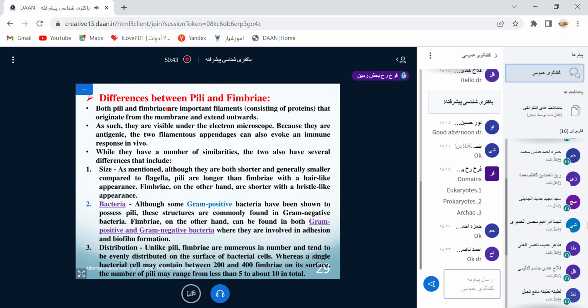Differences between pili and fimbria. Both pili and fimbria are important filaments consisting of proteins that originate from the membrane and extend outwards.